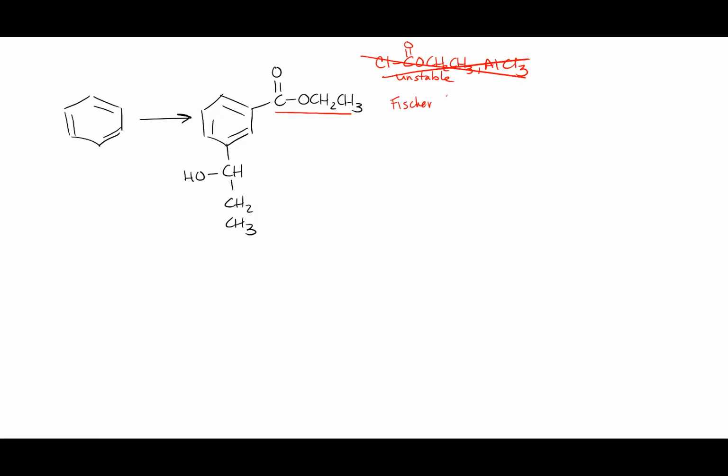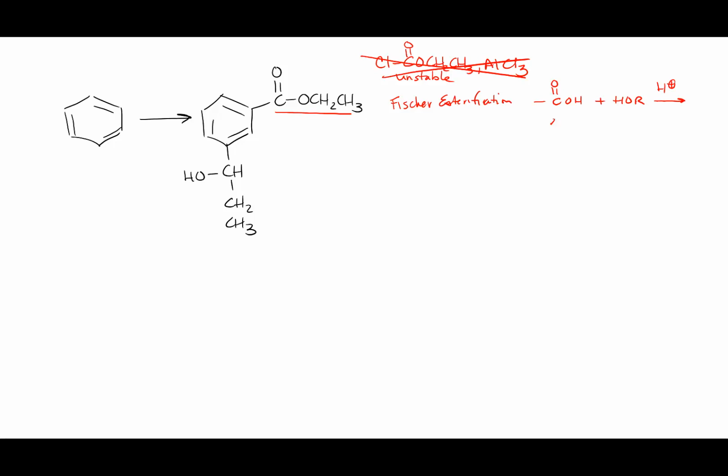Fischer esterification. How does Fischer esterification work? You take a carboxylic acid, you react it with an alcohol in the presence of the acid catalyst. Great, so now I can make the ester.